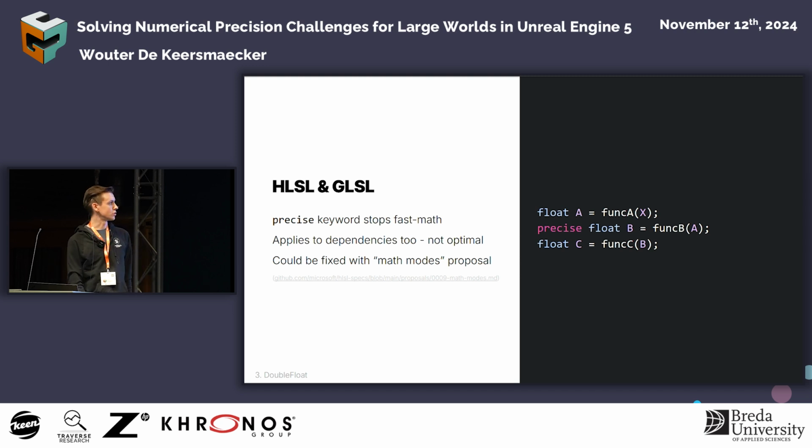There is a proposal to fix this in HLSL, which I've linked to here, by introducing an alternative scope-based math mode, which really makes more sense and would be a perfect fit for this application right here. So, if you are interested in this, you can always give it a thumbs up or something to motivate Microsoft, you know, that always helps.